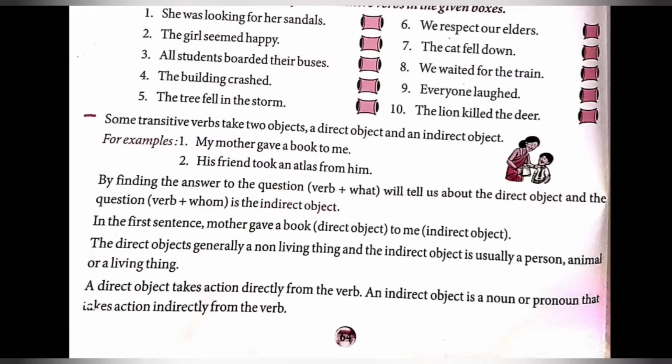Some transitive verbs take two objects. Some verbs require two objects, a direct object and an indirect object. Example, my mother gave me a book. My mother gave a book to me. Here, gave what? Gave a book. Gave whom? To me.